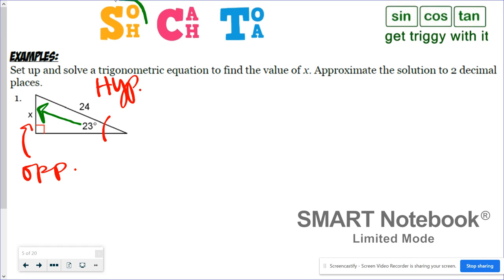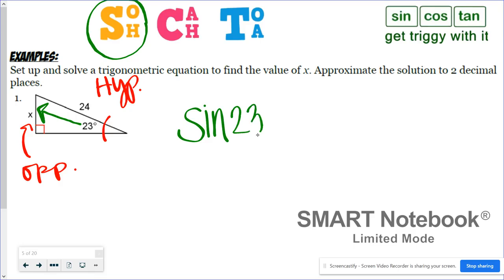That's going to be sine. So we write a trig equation using sine: sine of our angle, 23 degrees, is equal to the opposite, which is x, over the hypotenuse, which is 24. This is our initial equation. To solve this, we need to cross multiply.